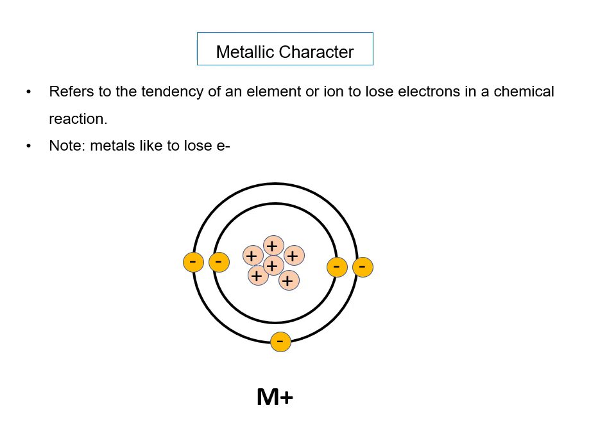The less energy needed to take the electron off, the more likely that electron is to come off, and vice versa. So we're going to be looking at the same reasoning behind why an element would have a higher metallic character or the trend in metallic character.